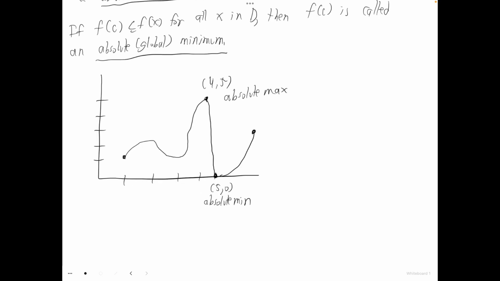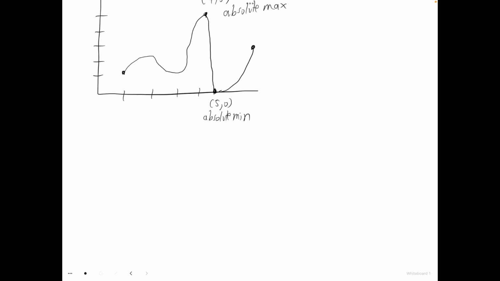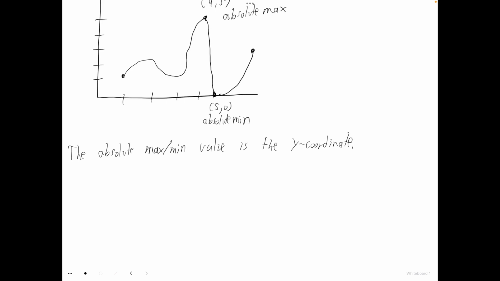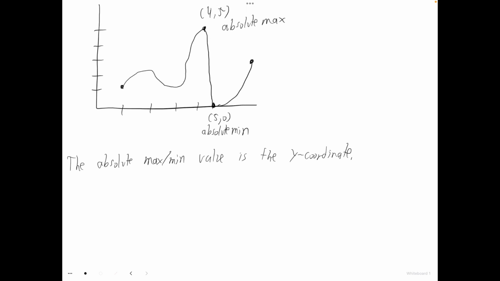Now, one place that confusion sometimes shows up is the absolute max/min value is the y-coordinate. And so the maximum value in this graph is 5, and the minimum value in this graph is 0. Sometimes you're also asked where the max and min occurs.